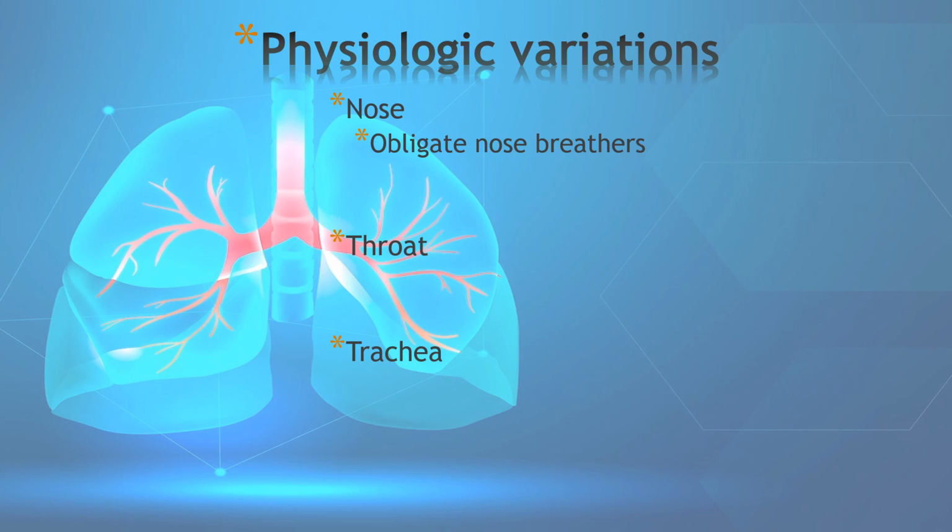Let's see. They have much smaller nasal passages. All it takes is to look at the nostrils of a baby or a small child versus your own, and you can see that the passages are just so much smaller, so it really doesn't take much swelling or edema, much mucus to block them off.